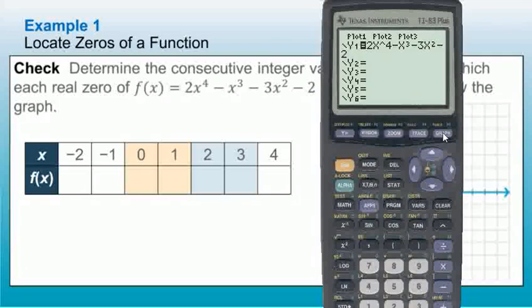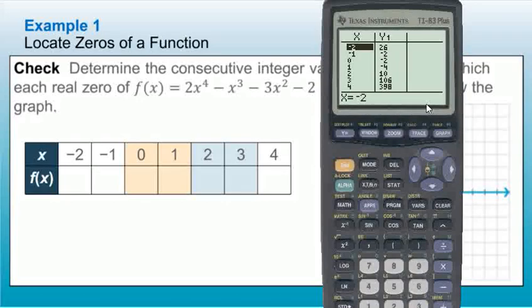Go to second graph, see a table of values. So we have -2, 26, -1, -2, 0, -2, 1, -4, 2, 10, 3, 106, and 4, 398.